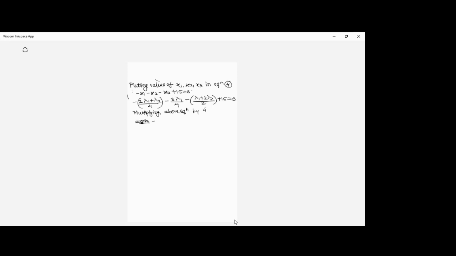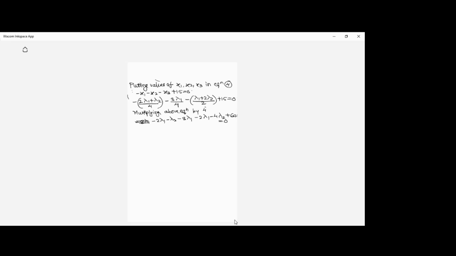So it will be minus 2 lambda 1 minus lambda 2 minus 3 lambda 1, minus 2 lambda 1 minus 4 lambda 2, plus 15 times 4, that is 60, is equal to 0, right?